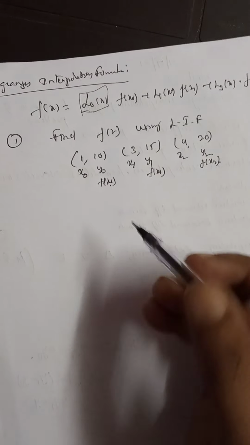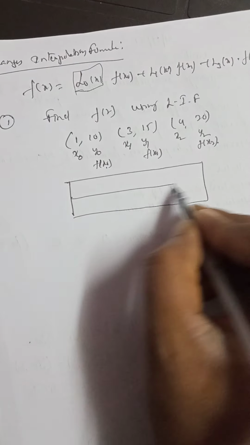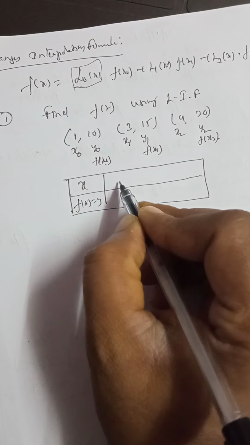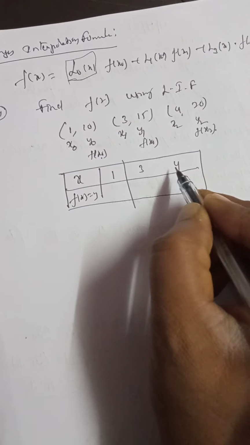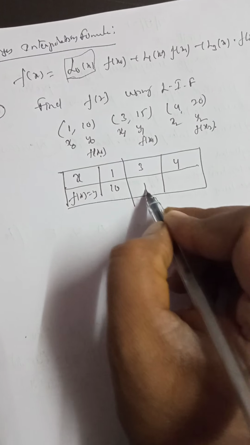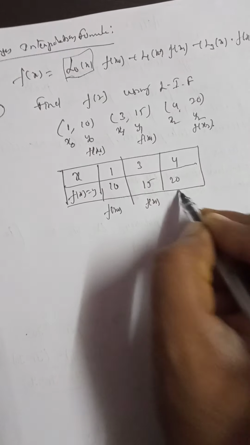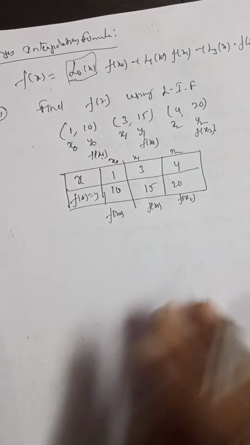Now here we are tabulating the function. See, x values, f of x values: x values are 1, 3, 4. Now see here, these are 10, 15, 20, f of x naught, f of x1, f of x2, and x naught, x1, x2.